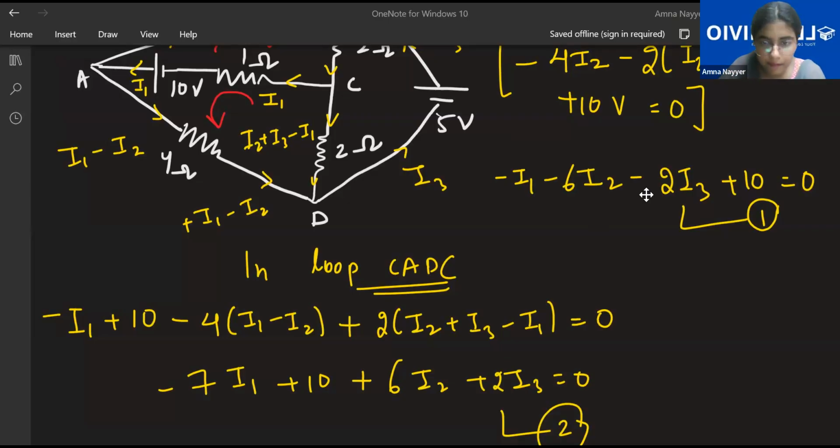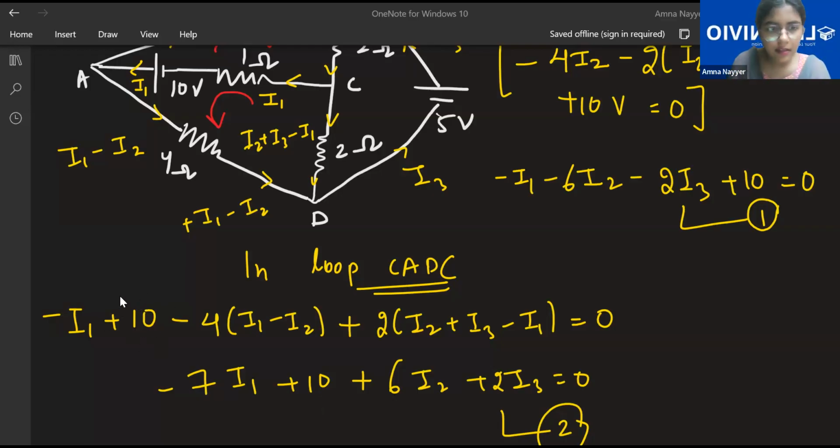Ma'am, can we solve that plus 10 later, after first doing this current and voltage? Plus 10 later means where will you put it then? Means you will not write it?